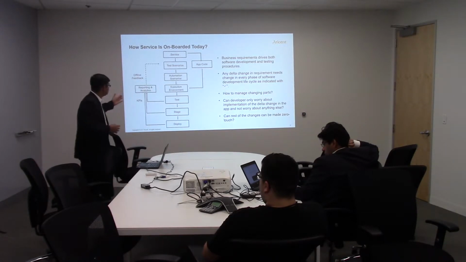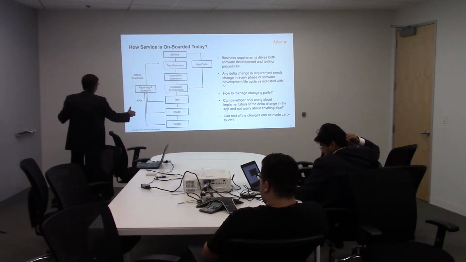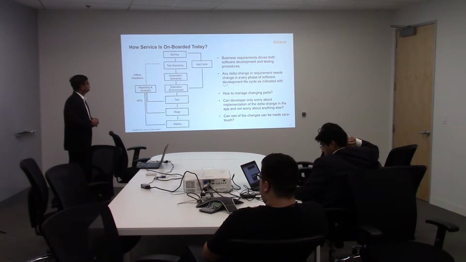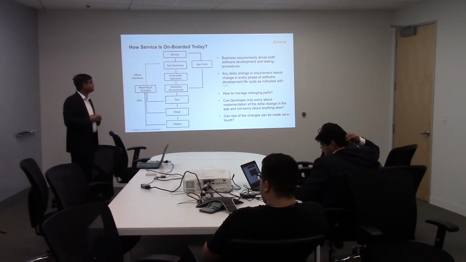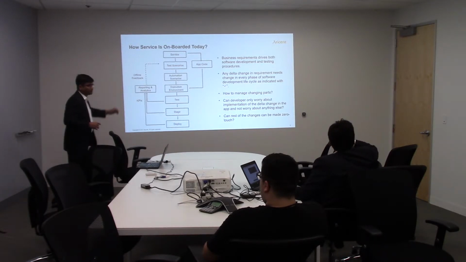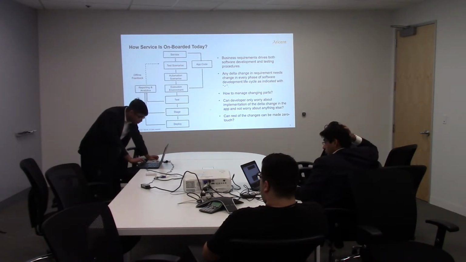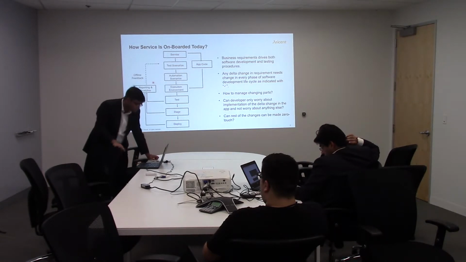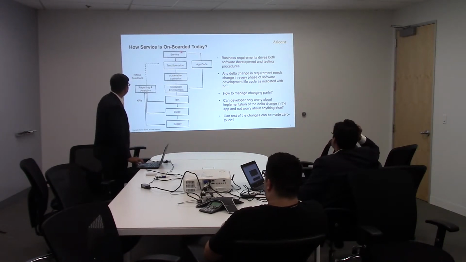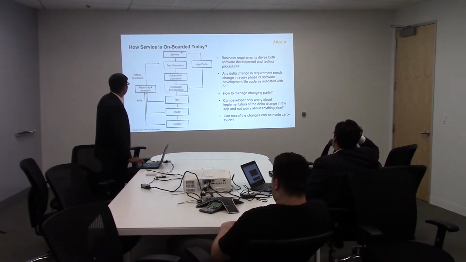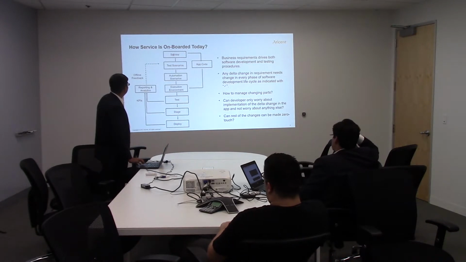This is a very traditional way of how we create a service and deploy it in a production network. So I have a service. Let me take a pointer that will help me to point to the right places. Okay. So I have a service, and then the requirement for the service.